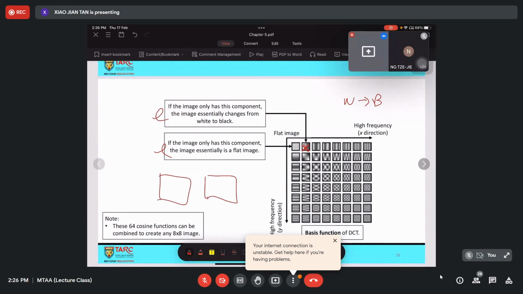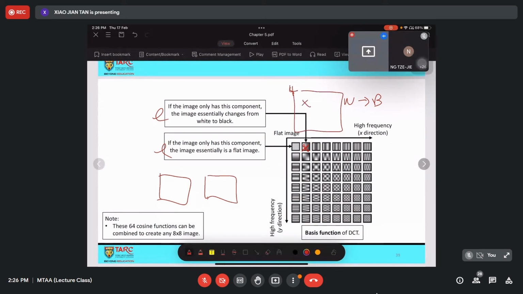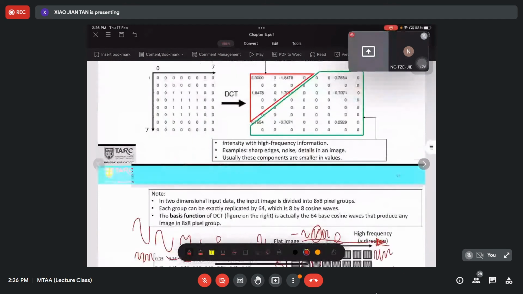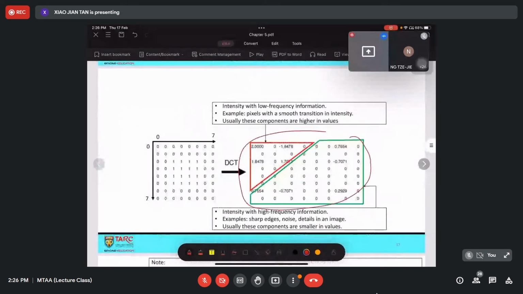After you convert to DCT, you would be able to get maybe 4, and then the rest of the 8 times 8 block is 0. So if you have a flat image, for example, total black or total white color, you would get maybe 4.0 here, and the rest is 0.